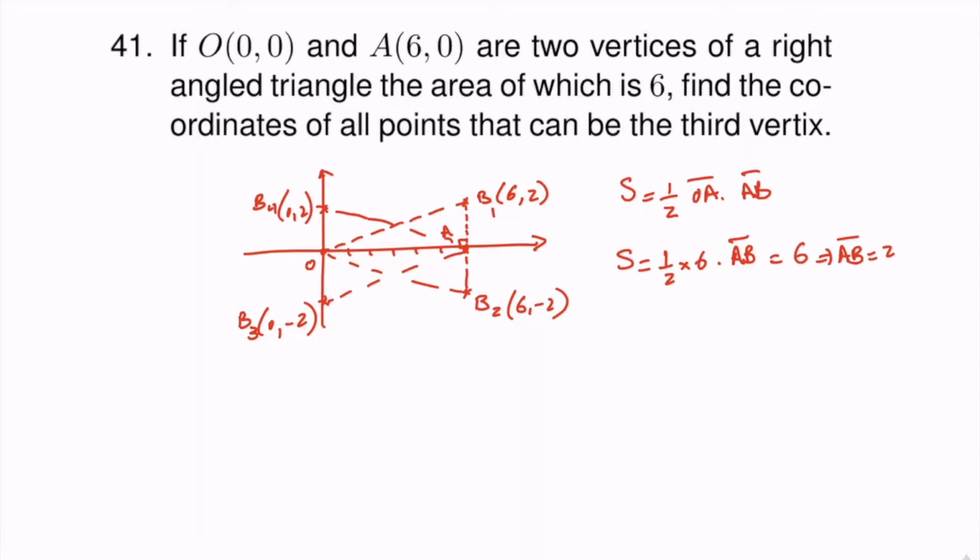However, we assumed at the beginning that OA is one of the sides of the right angle of this triangle. What if it is the third side, which is not one of the sides of the right angle?